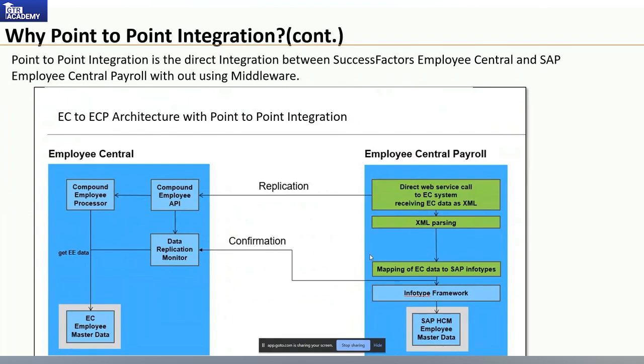There are a few standard fields which the system by default maps so that you can replicate by default. You don't have to touch those, like name, or for example, marital status.